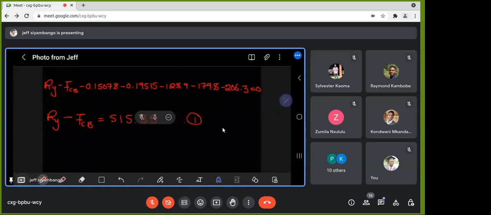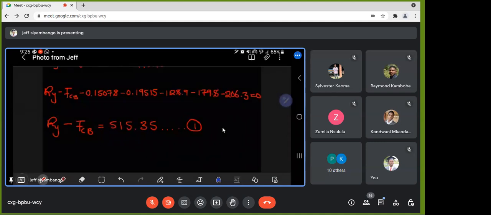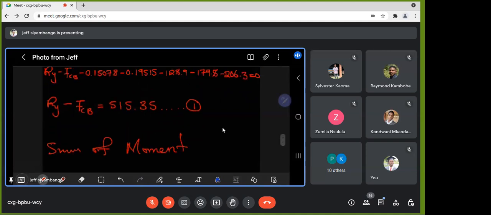The next thing that we have to do here, we see that in terms of forces, we cannot really do anything here. So the next thing that we have to do is to turn to rotations and figure out what is happening in terms of rotations. So we now want to evaluate the sum of the moments. Now, if we're going to evaluate the moments, the question is about what point?